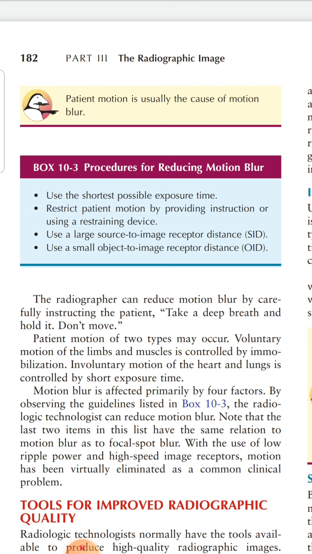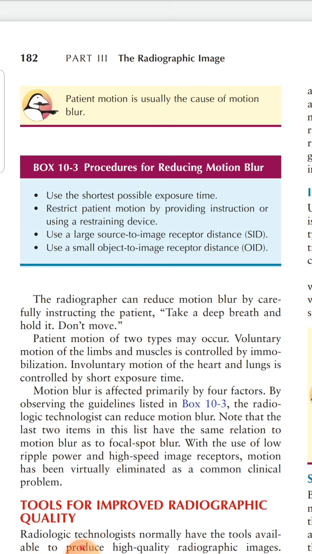Motion blur is affected primarily by the four factors that we just discussed, and with the use of low ripple power and high speed image receptors, you can keep the exposure time short, and due to that the motion will be virtually eliminated as a common clinical problem.